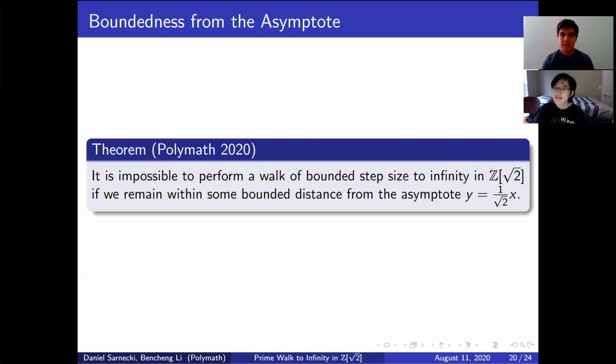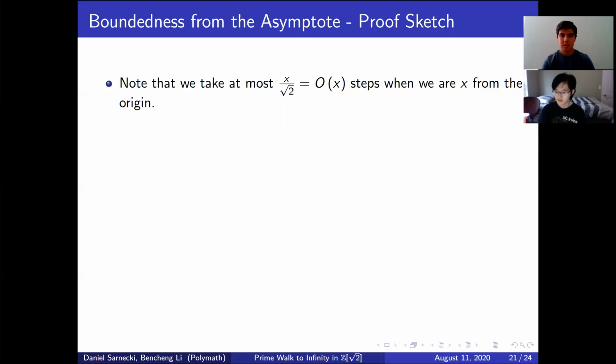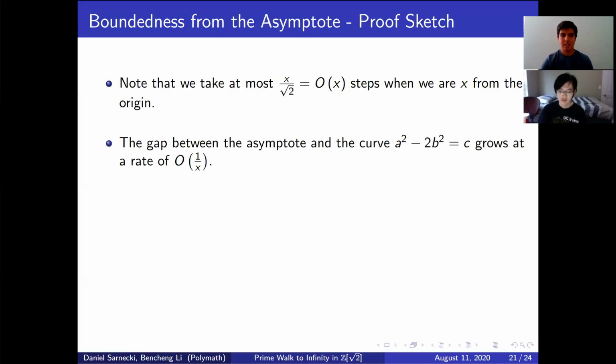Okay, and our next theorem is that it's impossible to perform a walk of bounded step size to infinity in Z[√2] if we remain some bounded distance from the asymptote that we talked about. So here's a proof sketch of this theorem. Note that we take at most x divided by the square root of 2 steps when we are x from the origin. We know this because a walk of step size square root of 2 is not possible by Ben's moat calculation.